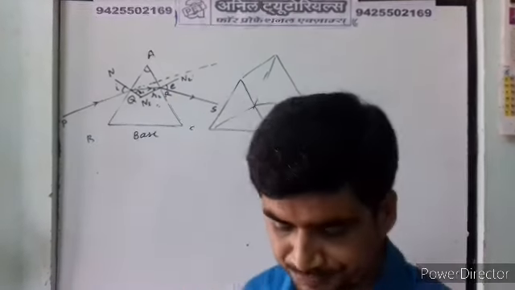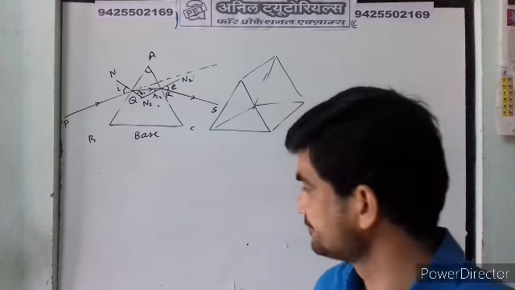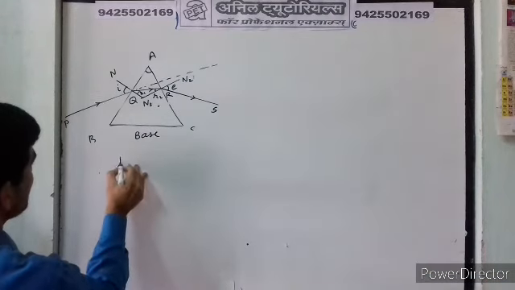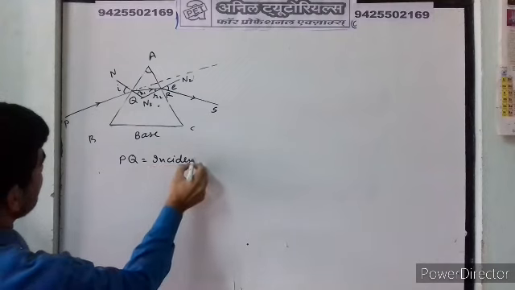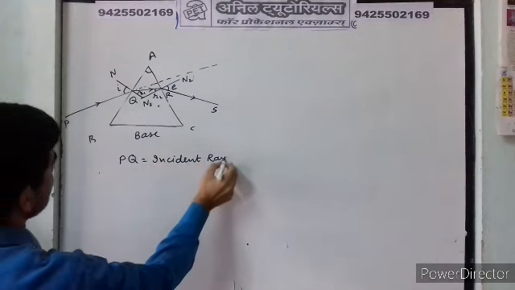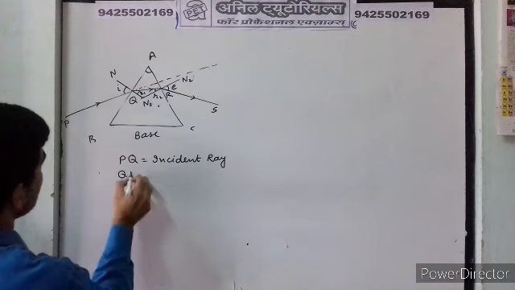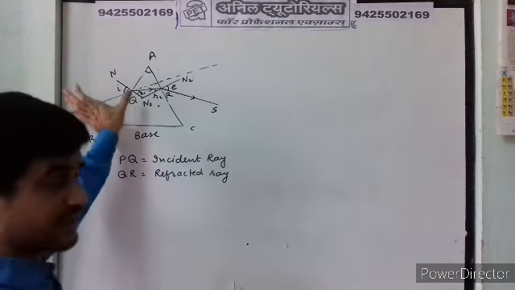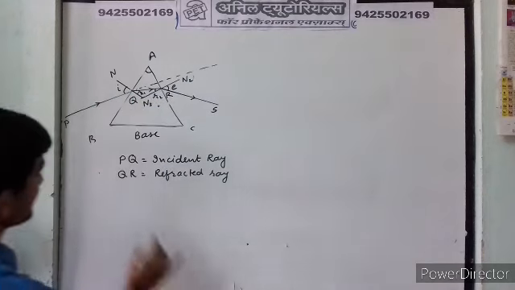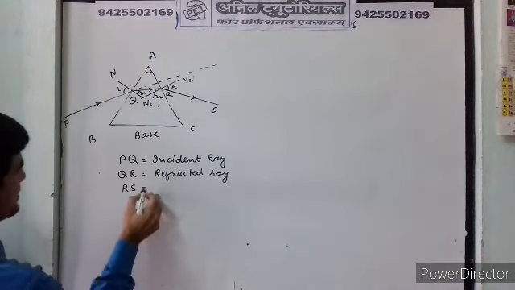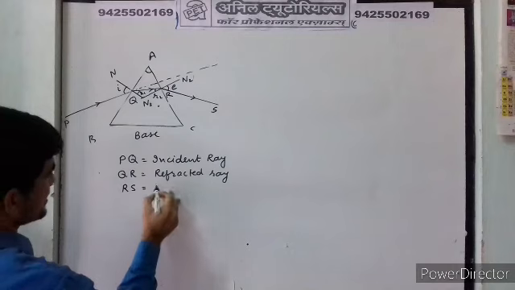Is it clear, children? Now see, PQ is the incident ray, QR the refracted ray, RS the emergent ray.